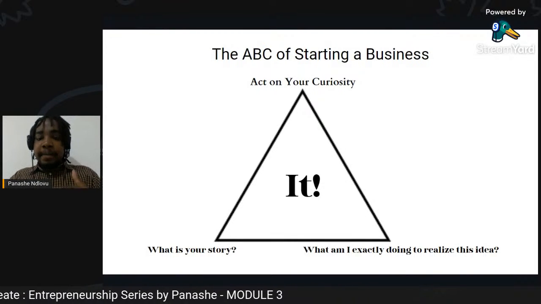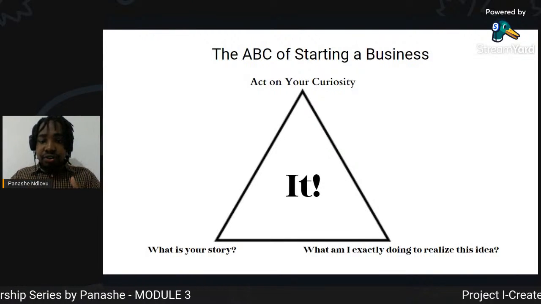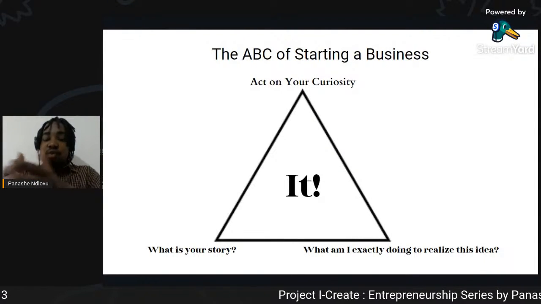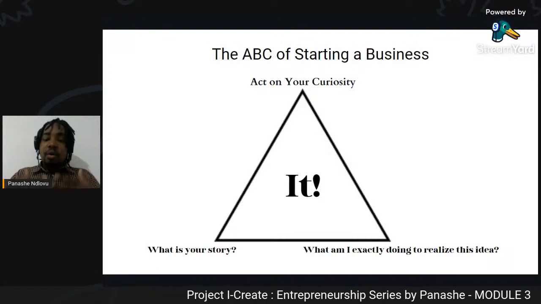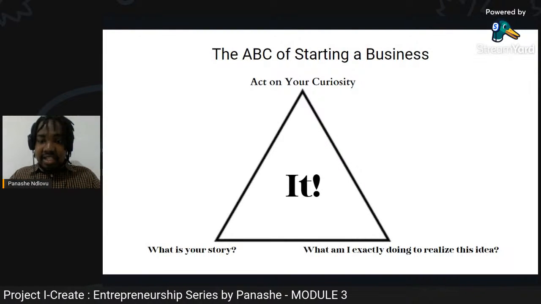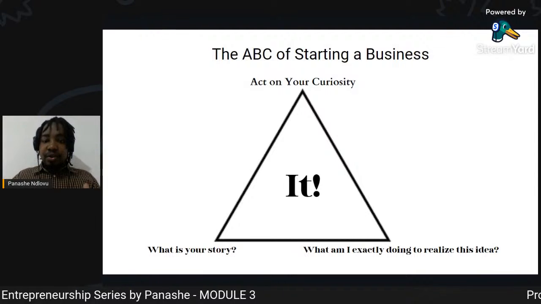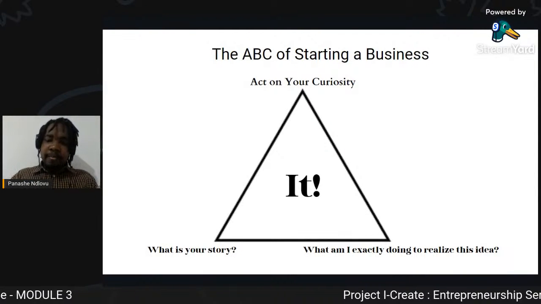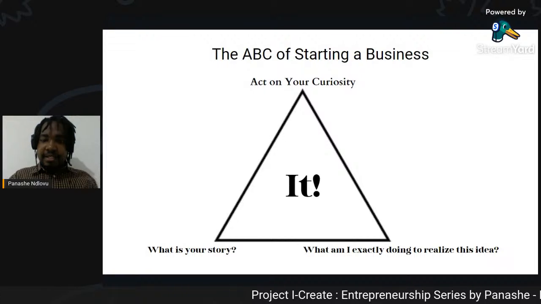So the first thing, you need to act on your curiosity. This is my A. And my B is, what is your story? And my C is, what am I exactly doing to realize this idea? So these are the questions that you need to think about if you're starting this business, if you're launching this business.